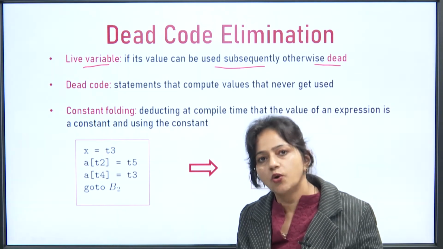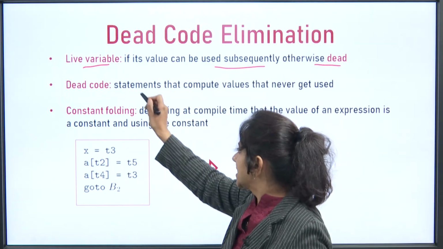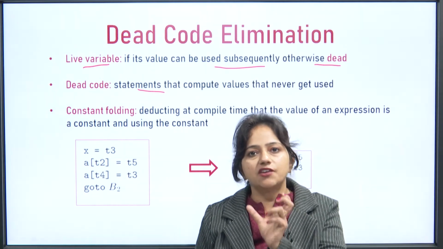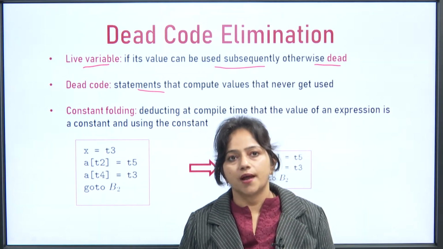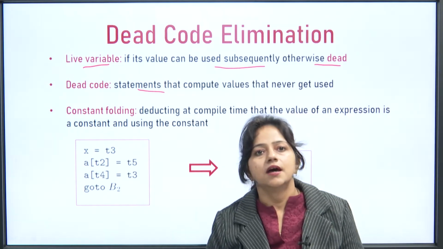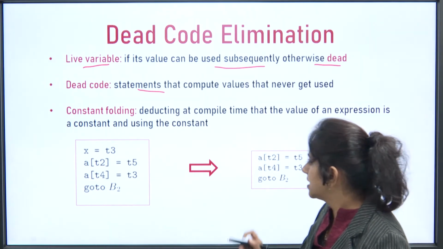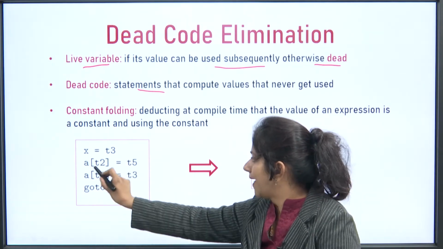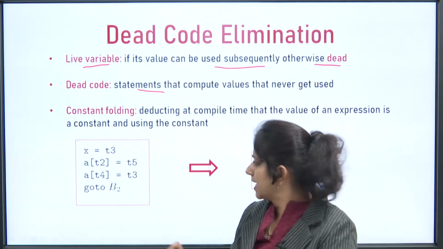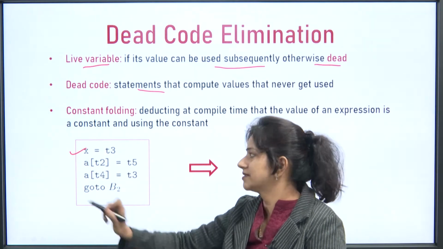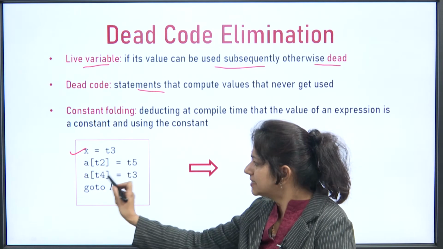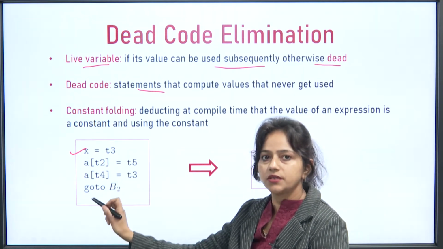Similarly, we can have dead code in the program. Dead code consists of statements that compute some value, but that value never gets used in the program. Such statements are called dead code. Here, in this block, we can easily find that we have written the statement x is equal to T3, and within this block x is not used in any statement.